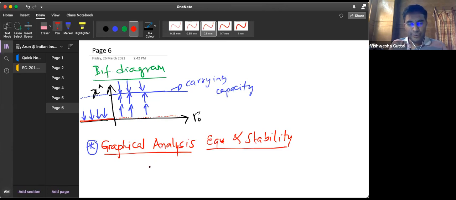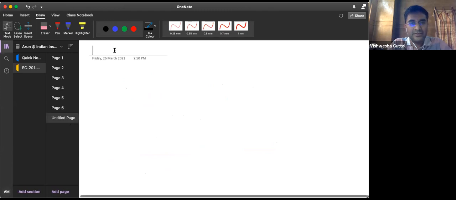Now let us do it in a slightly different way. So let's say I have again given you an equation of this form. How will you find equilibrium? Let us convert the mathematical conditions we have been thinking about into a graphical way. Let me do that on the next page.